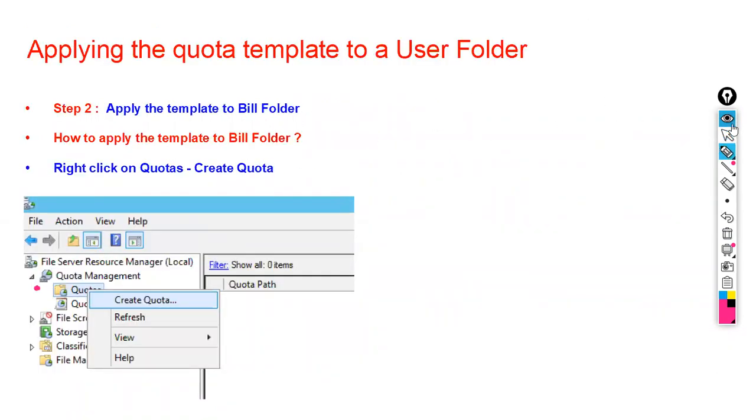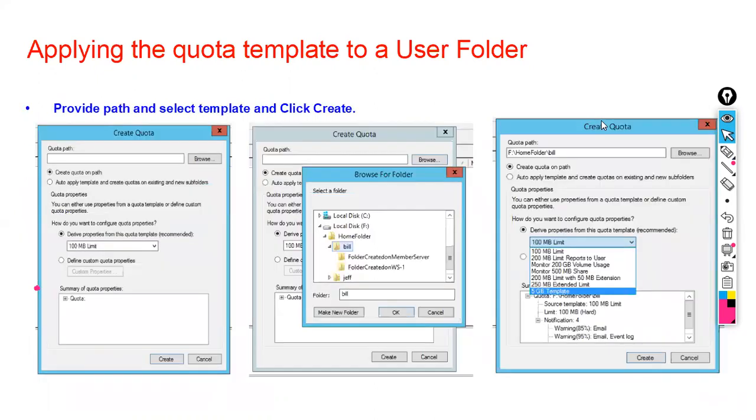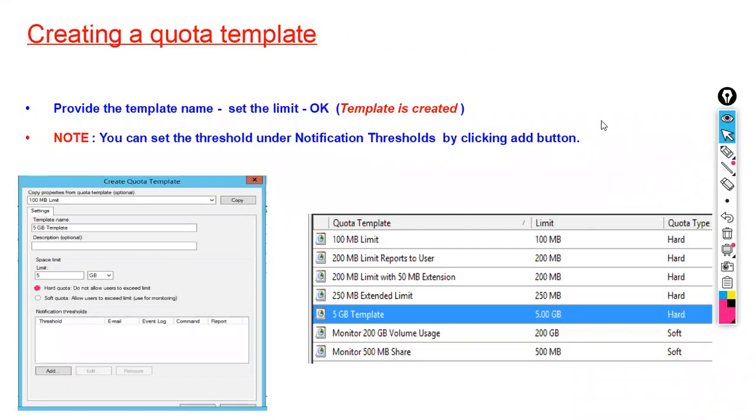After that, if you see here, the quota template was created. We have given the name 5 GB template, and it is created here.